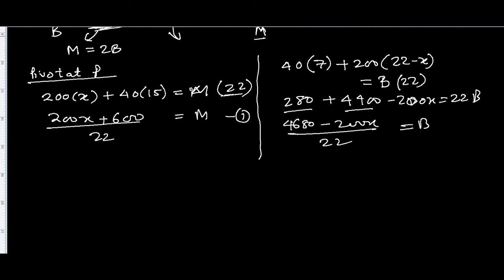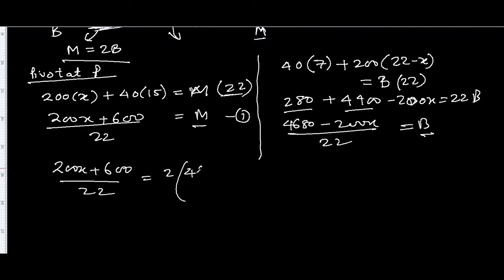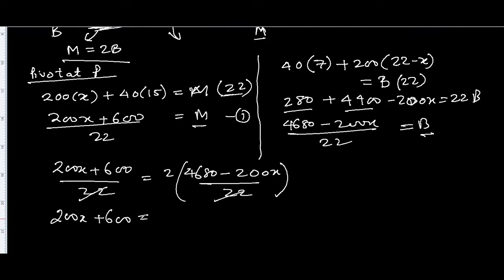Now they have given us that the reaction force by the man is twice of B, M equals 2B. So M, which is 200x plus 600 over 22, is twice 4680 minus 200x over 22. Okay, and this 22 and this 22 can get cancelled out, so we will be left with 200x plus 600 equal to 9360 minus 400x.